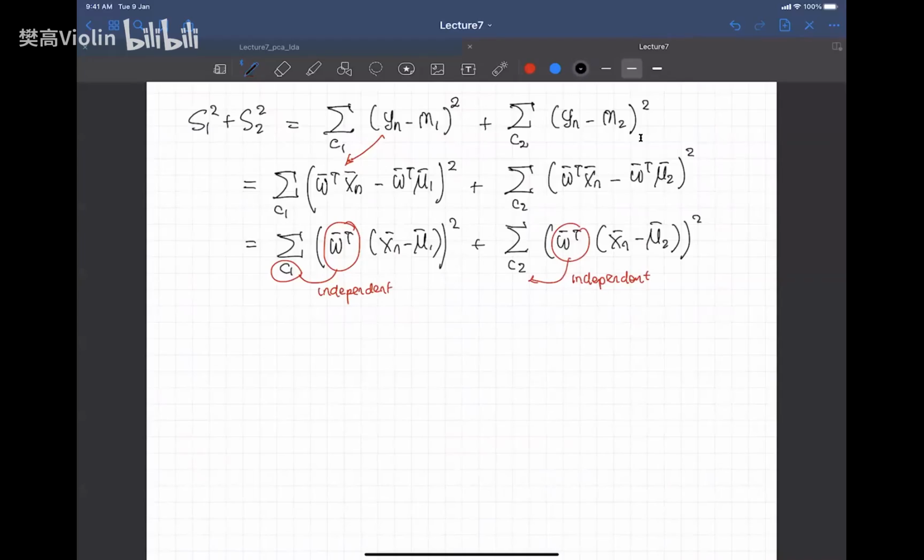So if it is independent, then W can go out of the sum. So W transpose multiplied by the sum over C1 of (Xn minus mu1)(Xn minus mu1) transpose. This is the definition of square, basically, right?